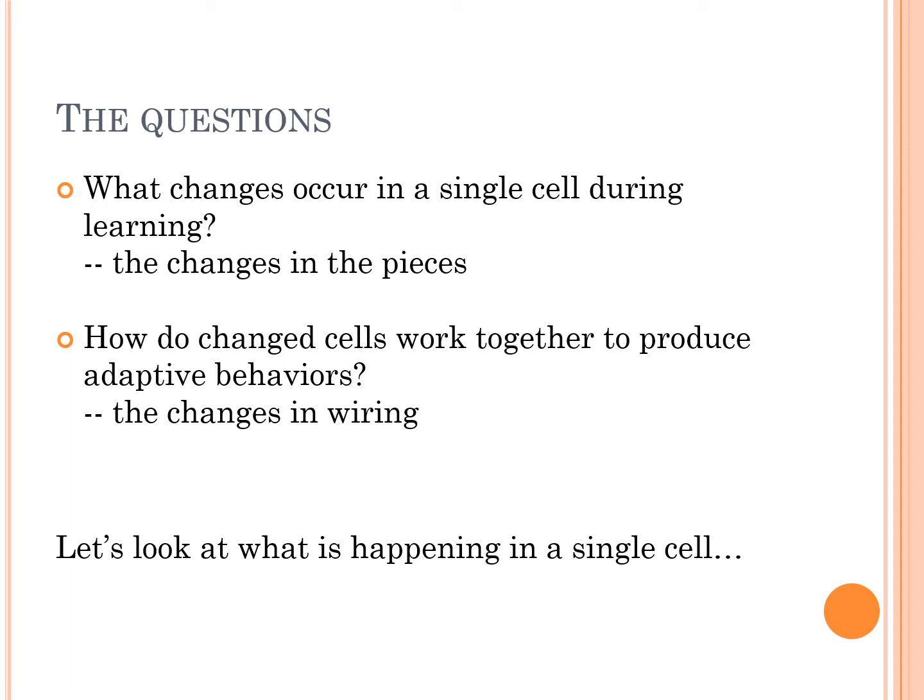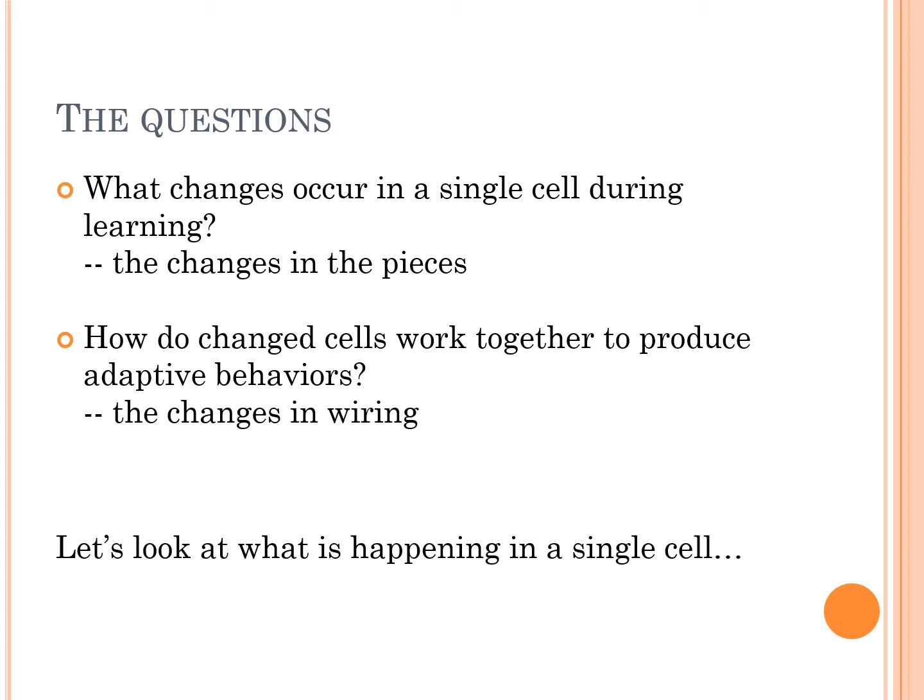And we're going to come back to these questions because I realized that when I was talking about changes occurring in the pieces, I really started out with the regions of the brain, which are the larger. There are also changes in the wiring in some ways, because it's the neurons and what they're responding to, the particular stimuli they're responding to, but also the neurons in a particular area, and how they're communicating with each other.